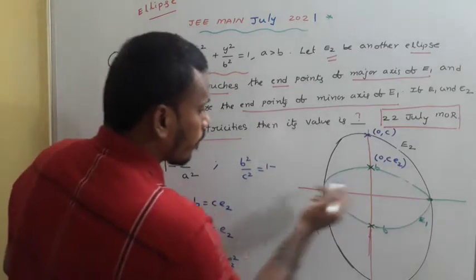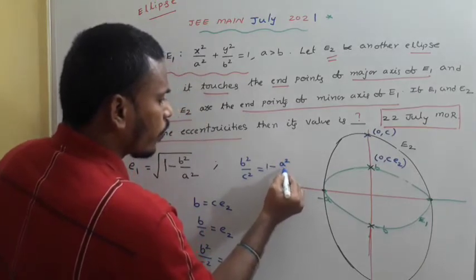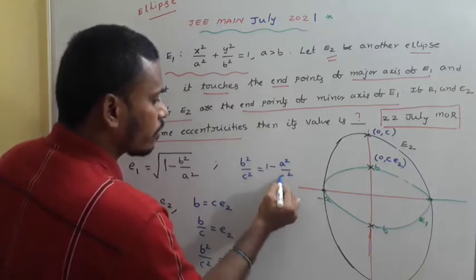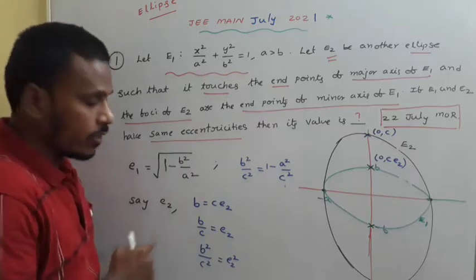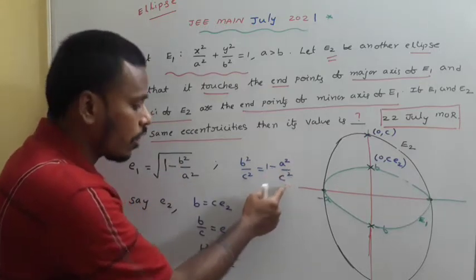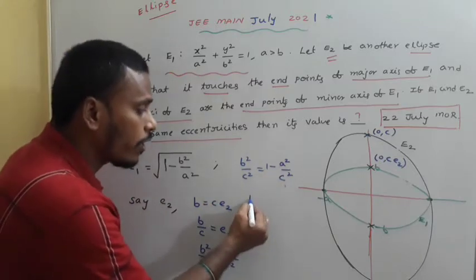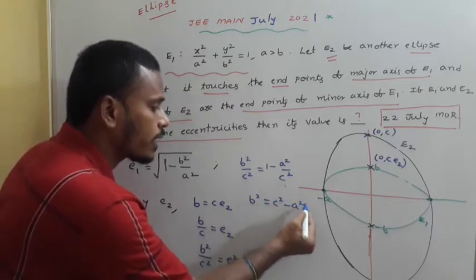So 1 minus a square by c square we need to take, is it right? Just look once, here it is b square by a square, so smaller value by larger value, and here a square is the smaller, c square is the larger, so E2 square is 1 minus a square by c square, and when you simplify you will get that b square is equal to c square minus a square.